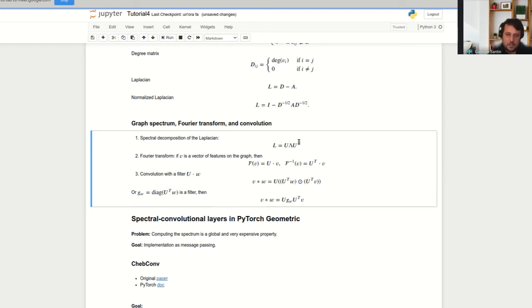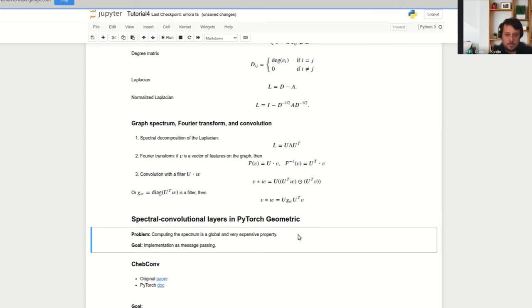So this is not possible on graphs of large size. Large may mean some thousands of nodes depending on the sparseness of the edges, but it's usually something that you don't want to do, and for sure it is not a local property.